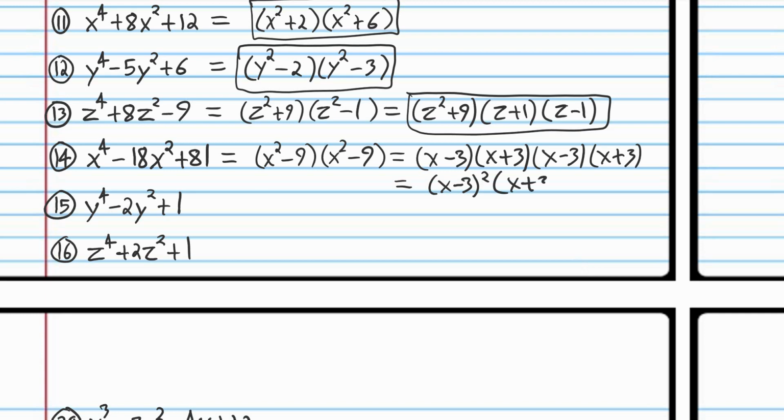And x plus 3, I can put them together as a second power because there's two x plus 3s. So just be aware that you may see that in your textbook when you look at the answers. In fact, it's pretty much a guarantee that you're going to see that in that form. So you should probably combine those and put them in condensed form there with the power notation. Those are called repeating factors.